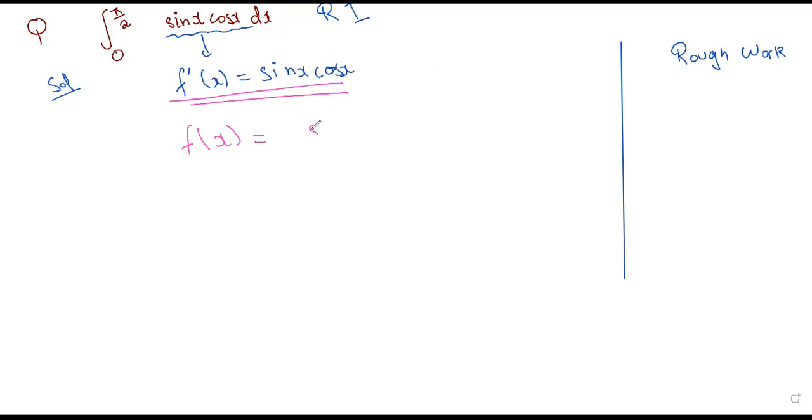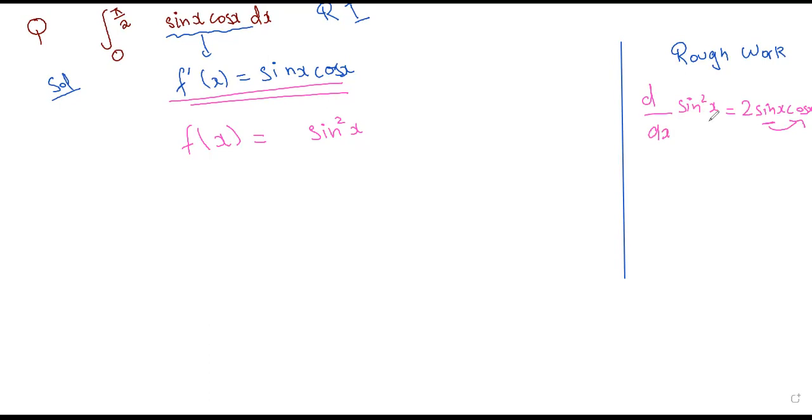So, what if you have sine square x? We know that the derivative of sine square x is not cos square x, but it is 2 would come here. We'll have sine x, and cos x is the derivative of sine x. So this is how you differentiate sine square x. You know this, right? Yes.